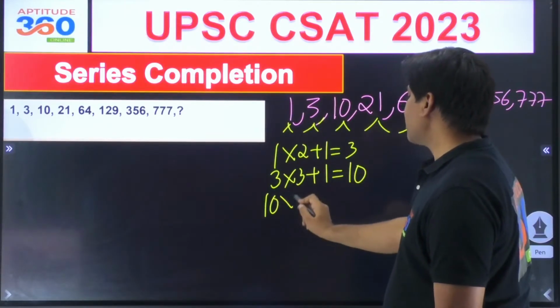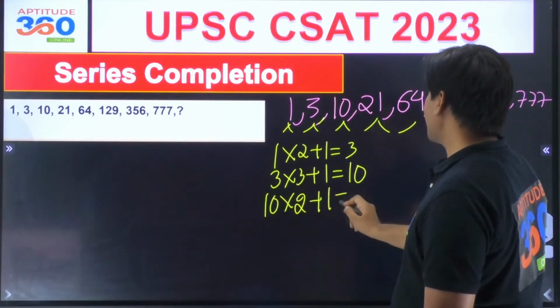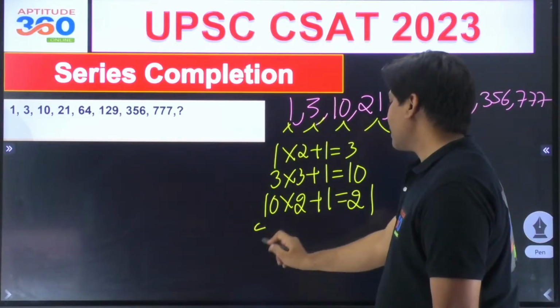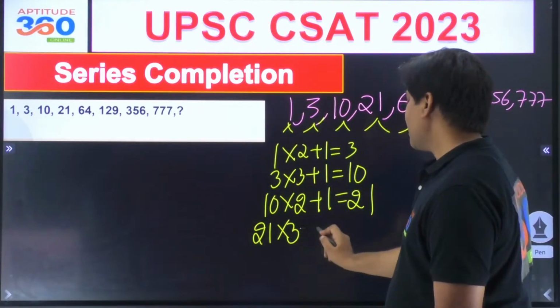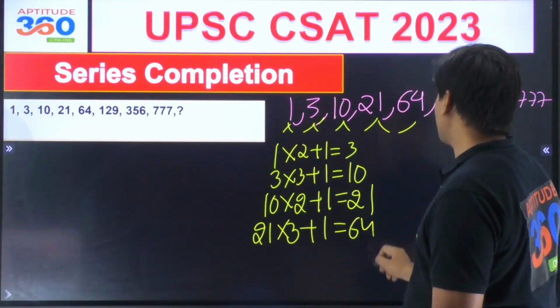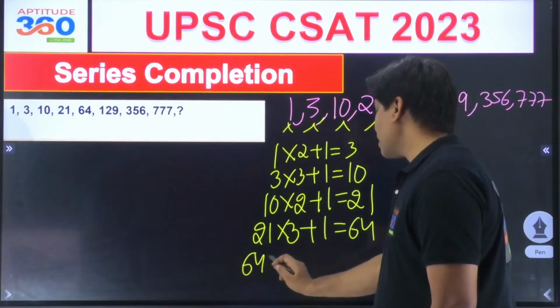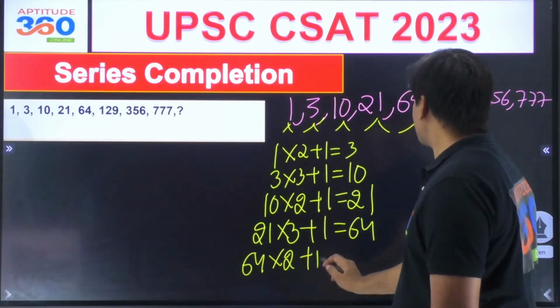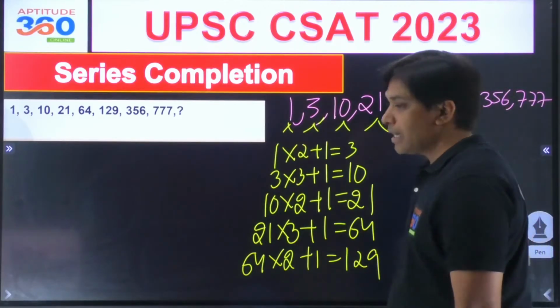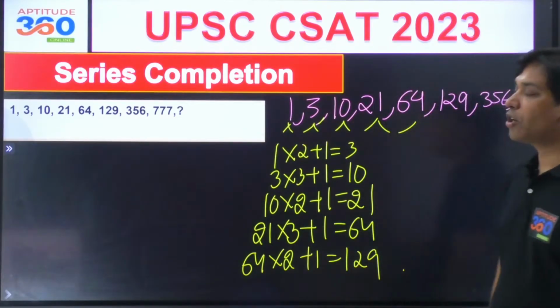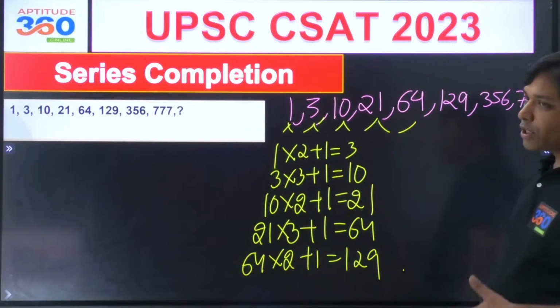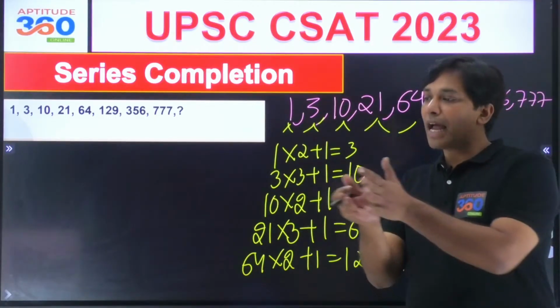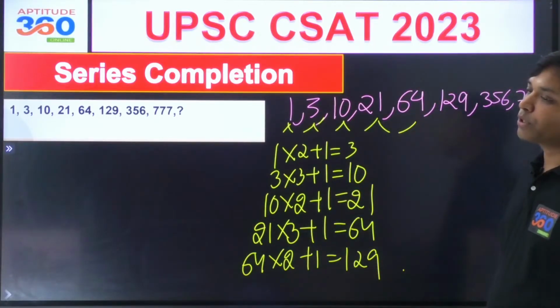Okay, 10 into 2 plus 1, that is 21. And then 21 into 3 plus 1 is 64. And then 64 into 2 plus 1 is equal to 129. Yes, that is how it is, isn't it? Good job. So multiplying with 2 and then adding 1 into that. That is the pattern out here, isn't it?